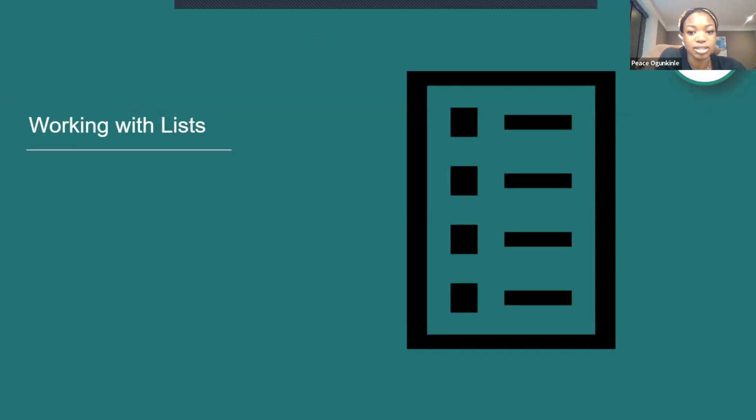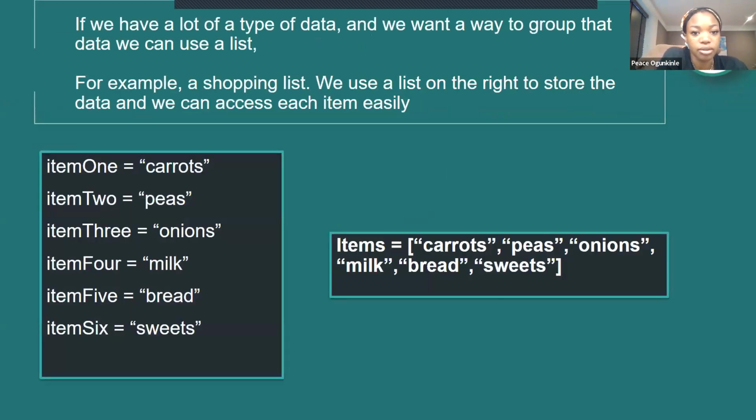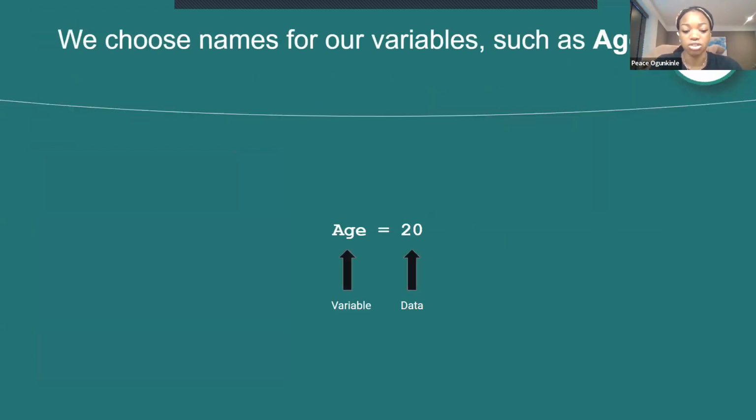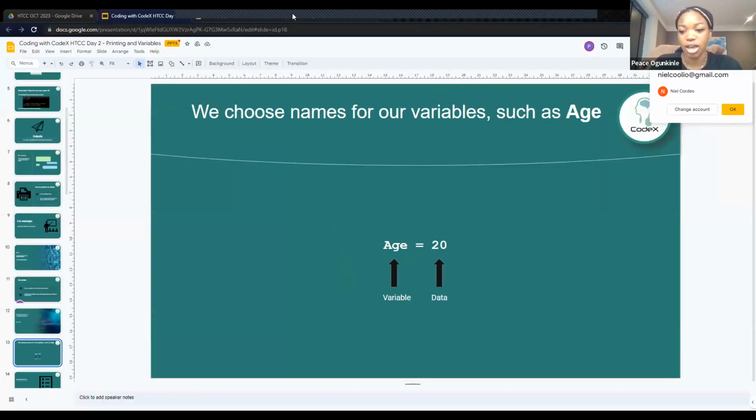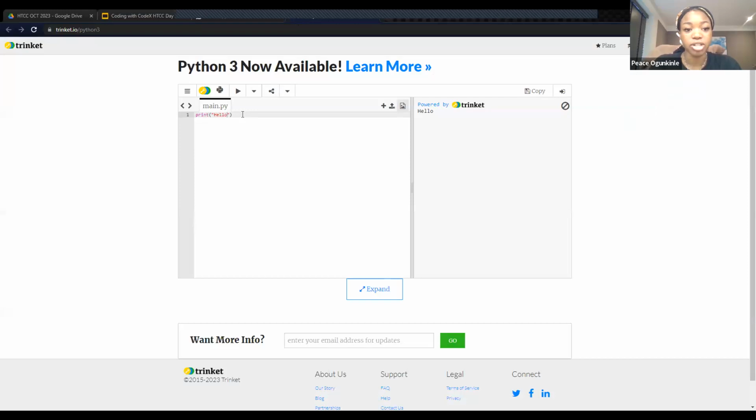Working with lists. Okay, so before we get onto that, I think I just want you guys to try using variables. So what I want you to do is create your own variable. And then print it out. So we saw how we printed out strings, which is just a word, but you can actually print out variables as well.